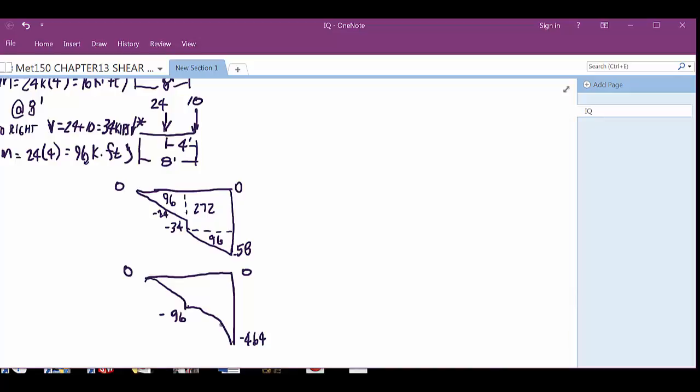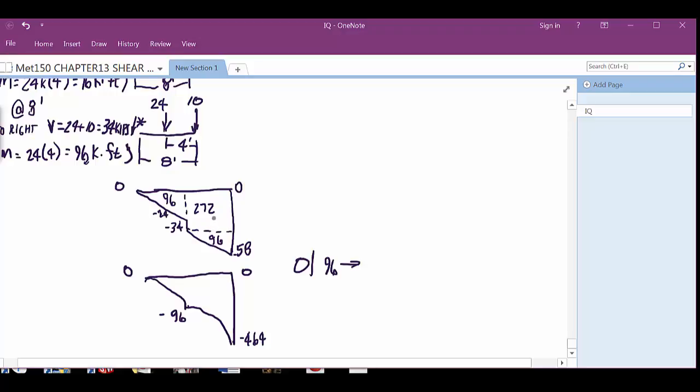Okay. You have to do the moment, you add these areas, right? So it started at 0. Then you add the 96. So that gets you to 96. Then you go from there. You have to add these other two areas in there. Now they're negatives. They're all negatives, okay?